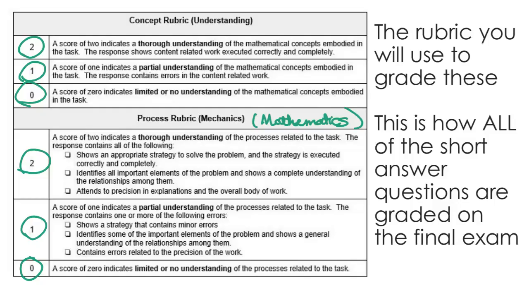For understanding, a score of 1 indicates a partial understanding. Okay? Maybe you forgot to add the 1. So maybe you just left it as, figure 1 would be a 2 by 2, but you forgot to add the 1. So there's definitely understanding there, but you missed a key component. All right?